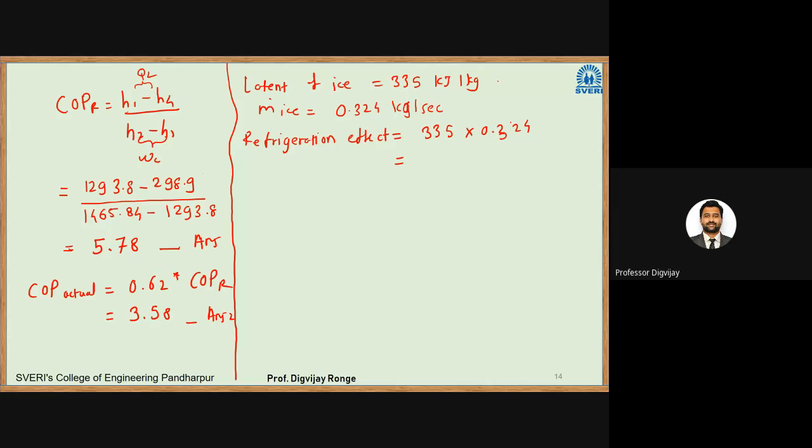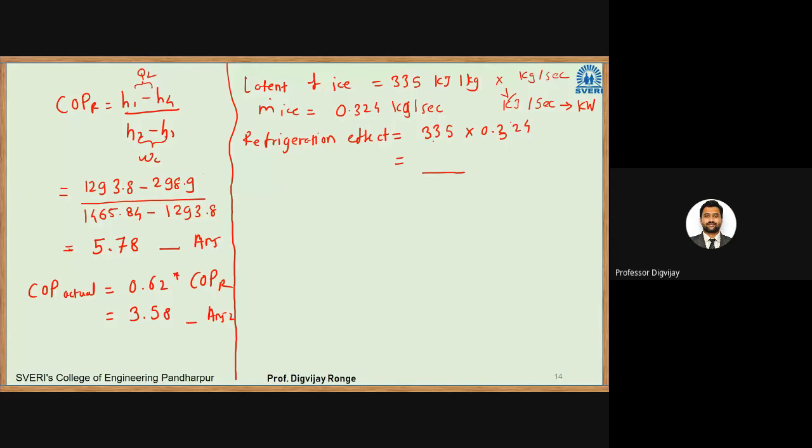Okay. So see here, the unit of latent heat is kilojoule per kg. Here the unit is kilogram per second. If I multiply this, what will happen? If I multiply this by kilogram per second, ultimately I will get kilojoule per second. So that is nothing but kilowatt. So whatever value you get here will be in kilowatt.